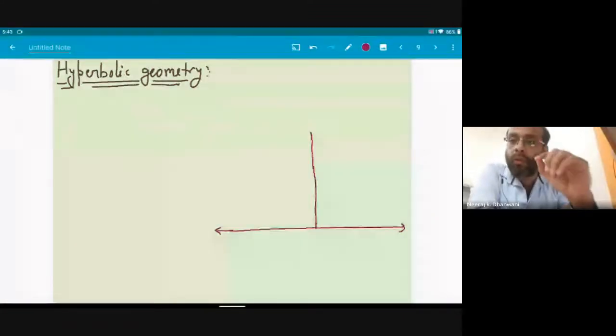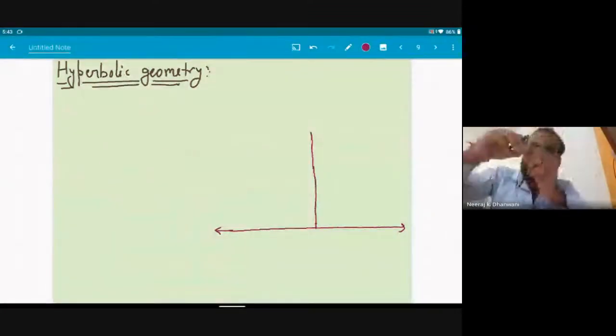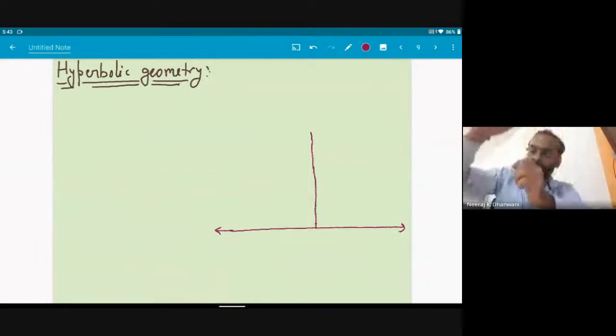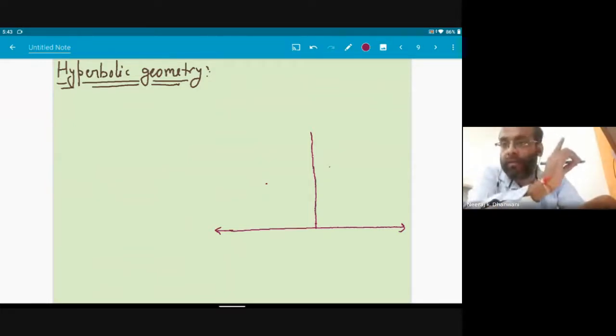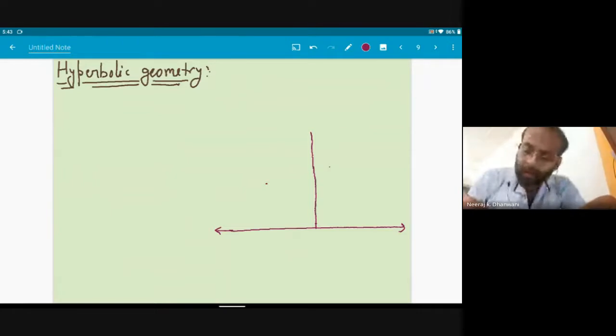If two points are not on a straight vertical line, then there exists a unique circle whose center lies on the x-axis and which passes through these two points A, B.